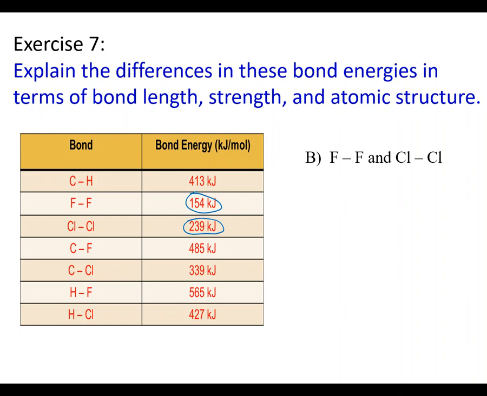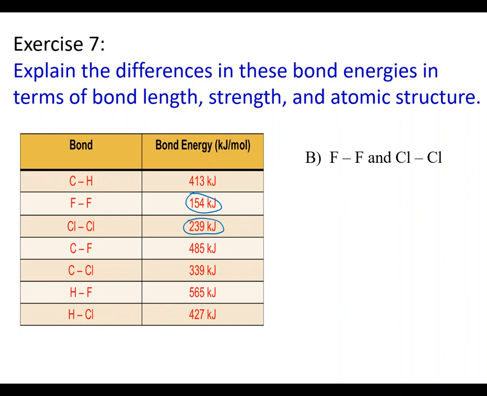So because of fluorine's very small size, with all these electrons jammed into that small space, the electron repulsions are quite a factor here. And because they have more measurable electron repulsion in that small space, it's actually weakening the bond, making it easier to break.